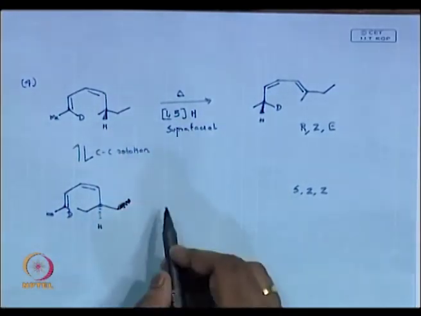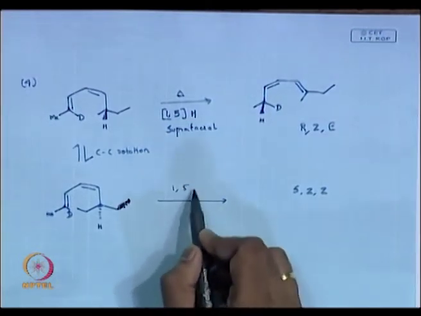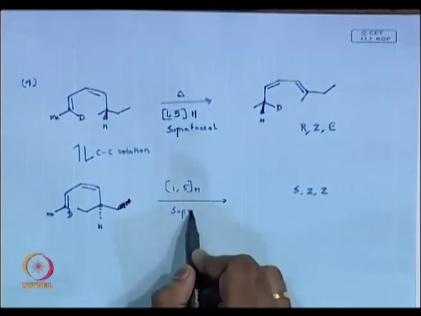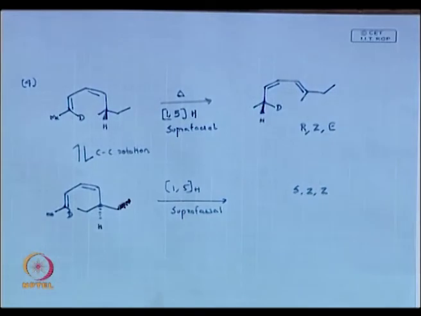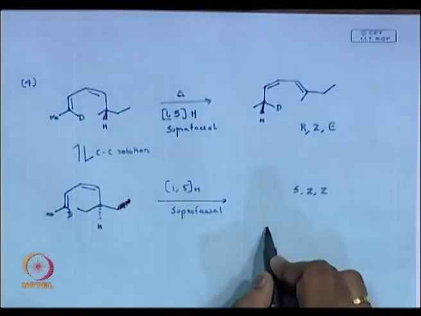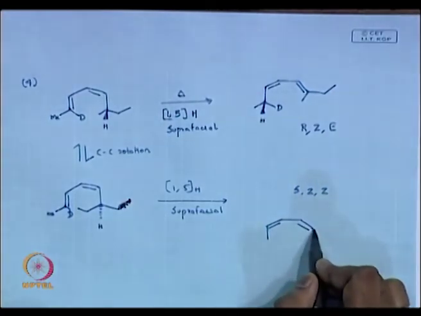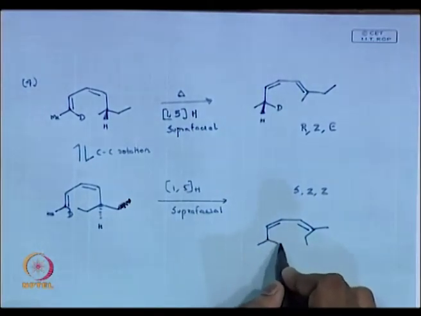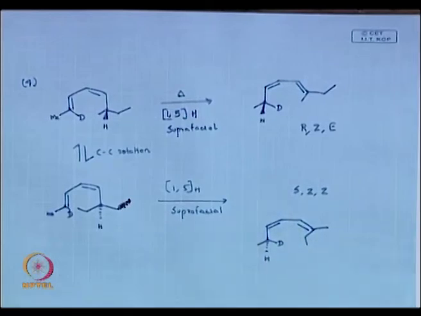right. And this in 1,5 undergoes a 1,5 hydrogen shift suprafacially, it will give you the other product, which is SZE, that is what. See the nice way of writing it.